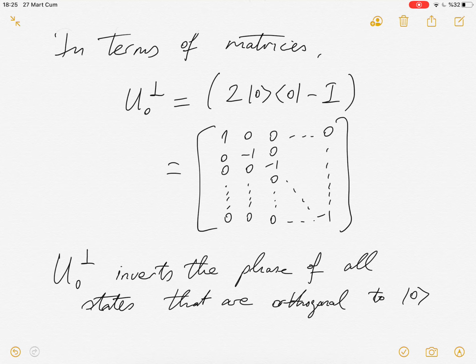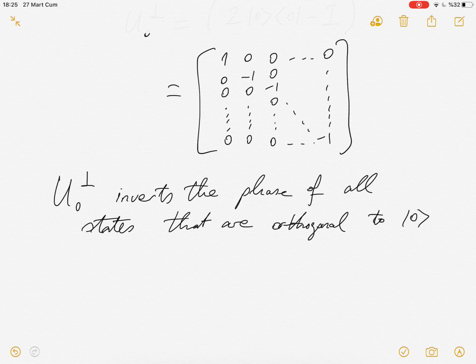Okay, so, and as I said, we want an inversion around the general superposition states. And the reason why we want to do that will become clear, because inversion around the general superposition state will correspond to inversion around the mean. Okay.